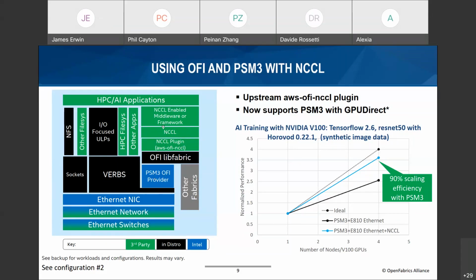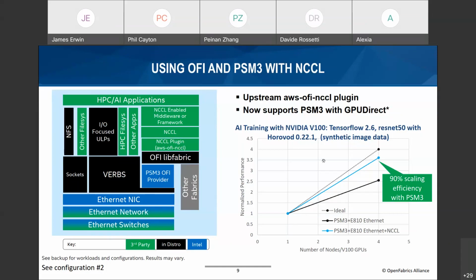And you can see really where we plug in is under this libfabric layer where we inject our PSM3 provider, and we're able to operate these applications which function just fine over libfabric and NCCL, except that now we're using RoCE at the network level.